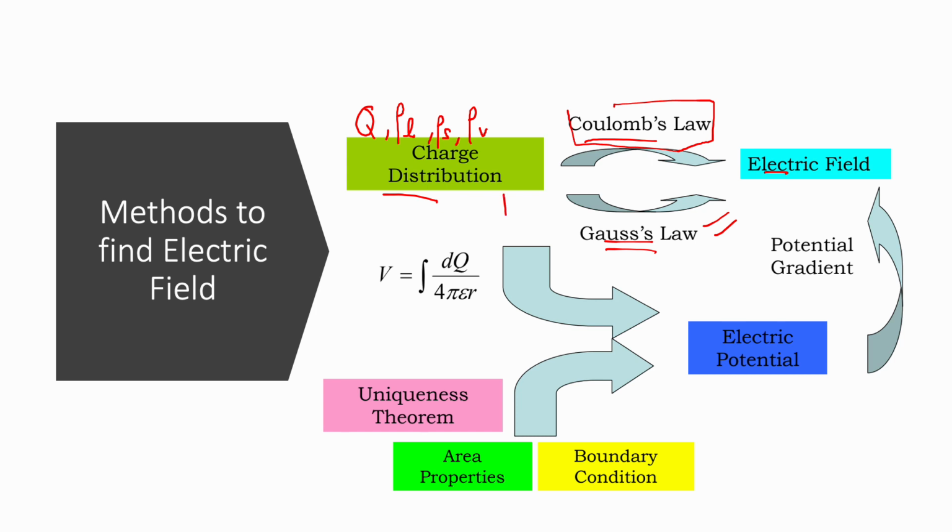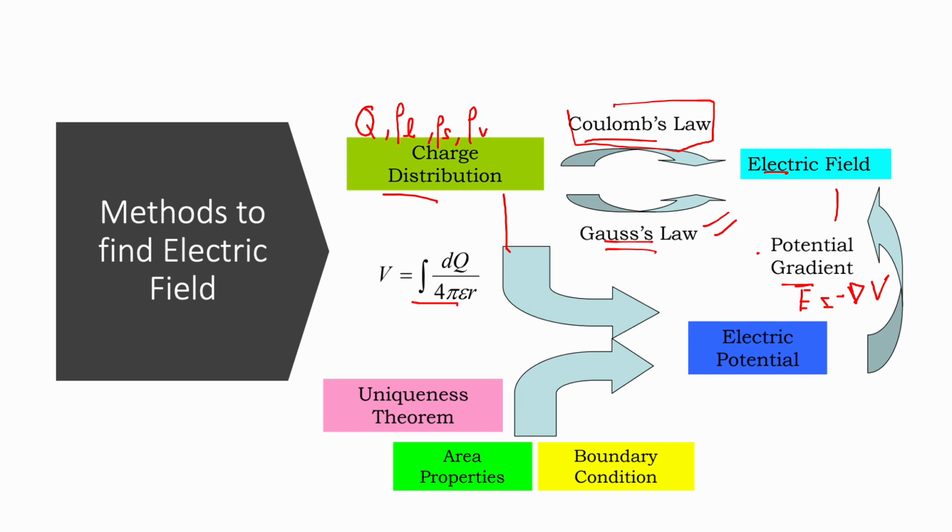We have also learned how, from the charge distribution, to measure the electric potential, and from there how to obtain the potential gradient using the previous equation, E equals negative gradient of V, and also the other way around, how to obtain the electric field.